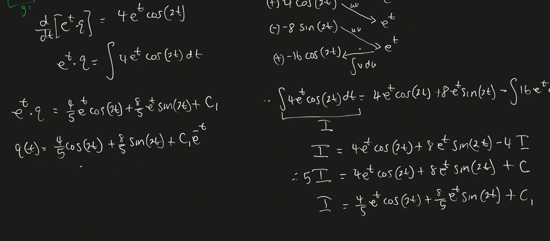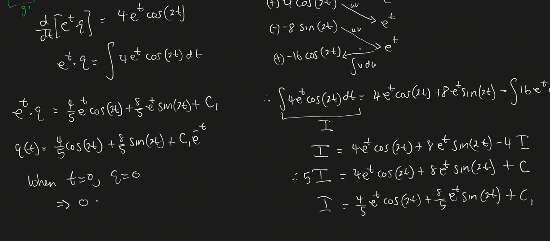Now, we were told that the initial charge is 0, right? So let's go ahead and solve for the constant and get the specific or particular charge for this response. So when t is equal to 0, q is equal to 0. So what's our equation?